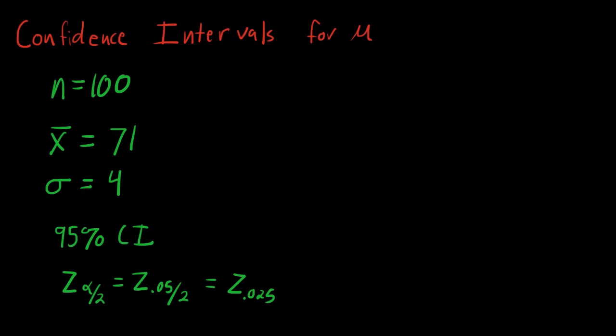Then, to find our confidence interval, we take our x bar value, then we add and subtract our z value. In this case, looking up in the z table, we get a 1.960 standard deviation value. So we have plus or minus 1.960 standard deviations times sigma of that x bar.